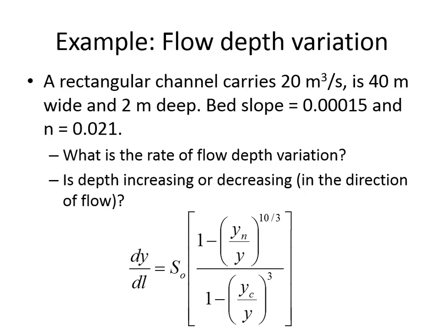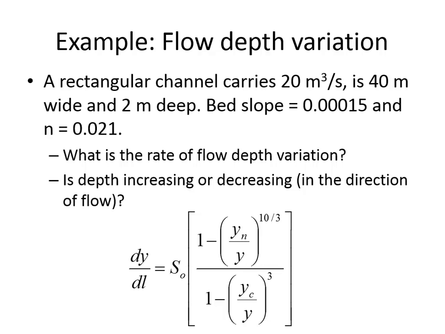It's not 2 meters everywhere. That's what makes this a gradually varying flow problem: if we went upstream or downstream a little bit, the depth isn't going to be 2 meters any longer. But the place we're interested in, it is 2 meters.